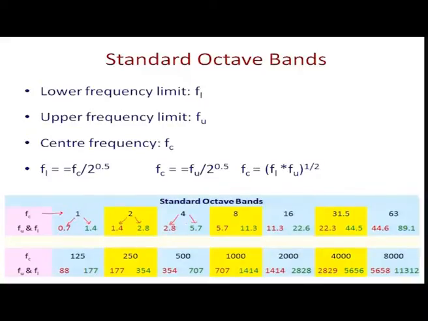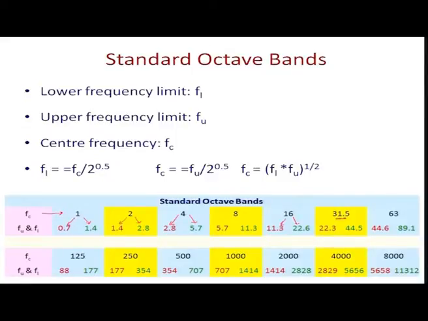An interesting thing to note is that when you go from 16 and multiply by 2, you get 32, but the industry says no, we do not like 32, rather we use 31.5. So the central frequencies 1, 2, 4, 8, 16 are all industry standard, but the next standard central frequency is 31.5 hertz, not 32 hertz. Why? We will see that later.